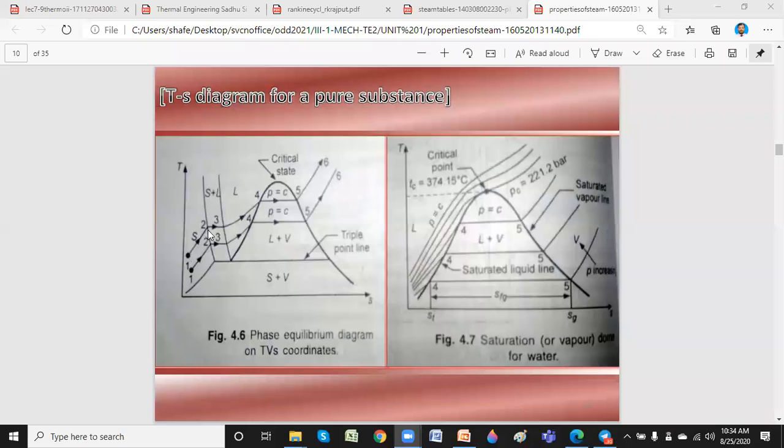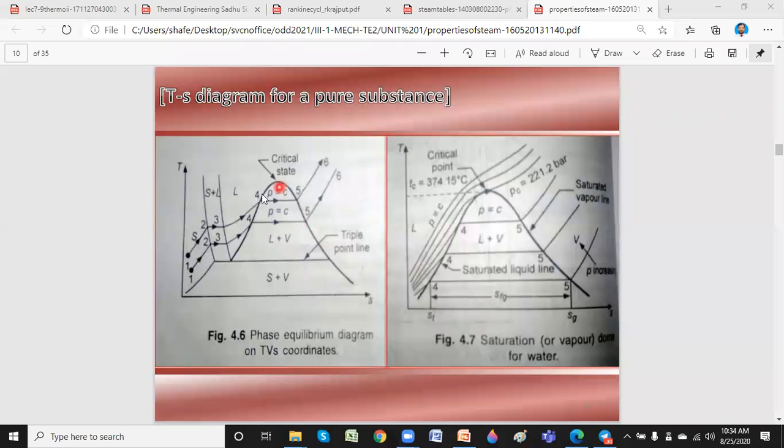Now, what we discussed in the previous hour is regarding the properties of steam, how to take the properties of steam from the steam tables. I already explained what is liquid, what is vapor, what is liquid plus vapor, then how to take the liquid enthalpy, the wet enthalpy, and the dry.